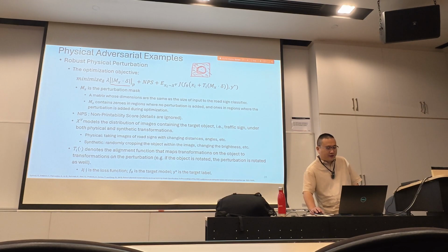However, if we forget to multiply the mask, then during the optimization, we also optimize the other invalid places. We optimize the perturbations that will be applied on the traffic sign, and at the same time, because we do not multiply the mask, we also make the perturbations at the other areas as small as possible.